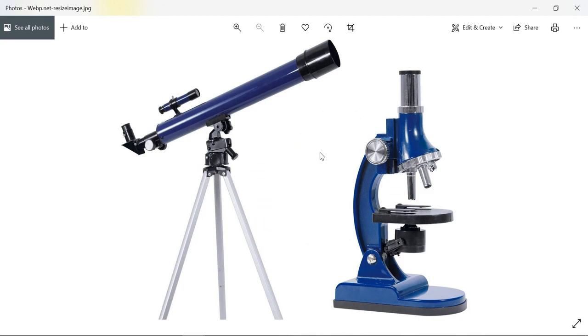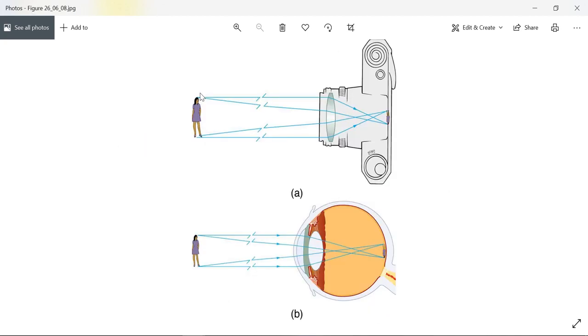We can use it in different systems such as the microscope and telescope. And of course you can find it in the camera, even the camera of your phone. And most importantly, the refraction by the crystalline lens and the cornea in your eyes, so you can see clearly. The relaxed normal eye has an approximate optical power of 60 diopters, 40 by your cornea and the residual 20 by your crystalline lens.